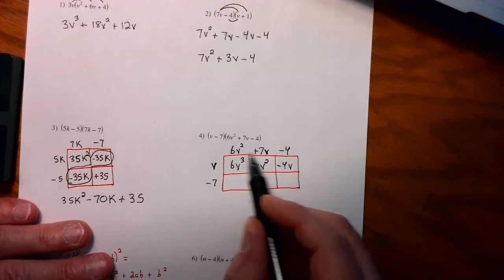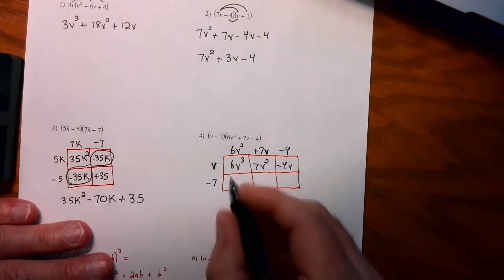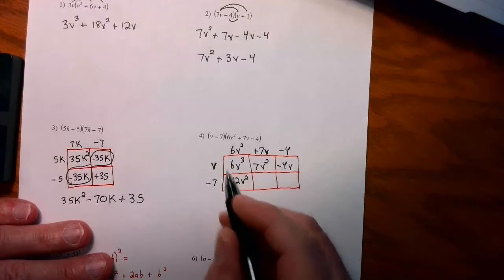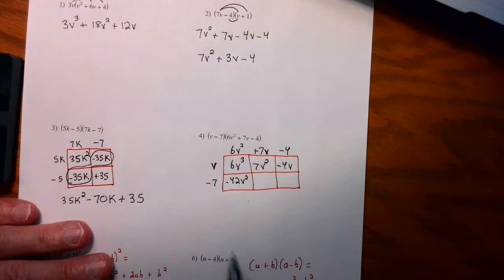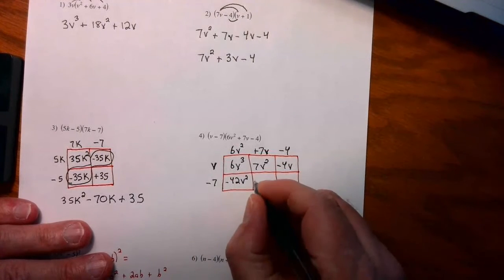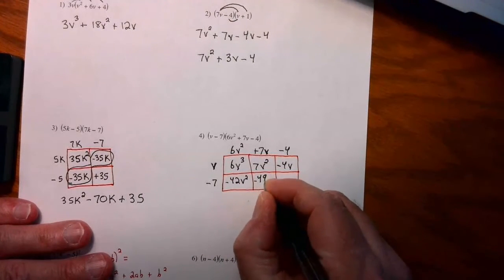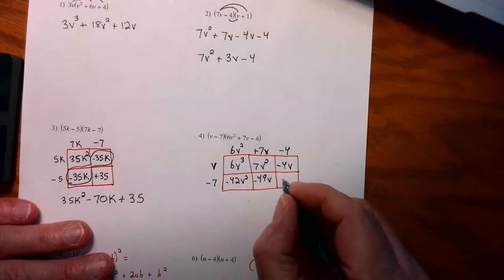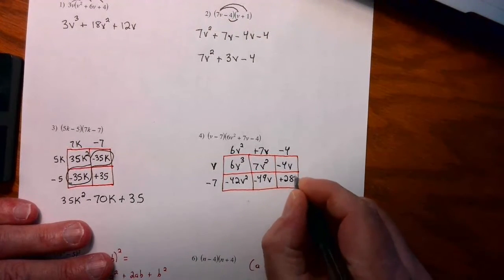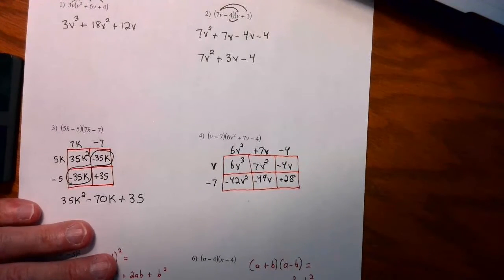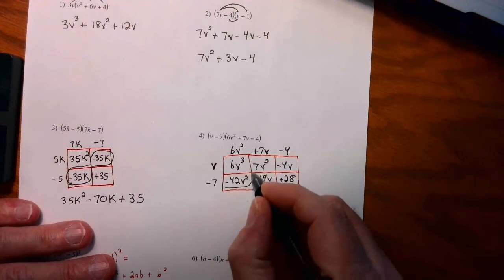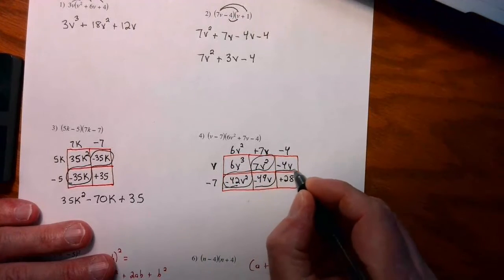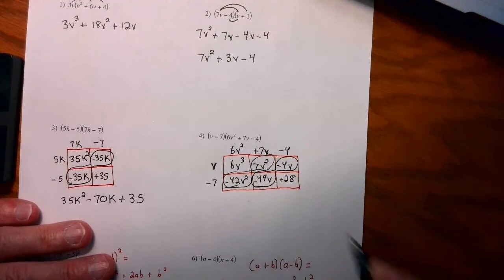All right, this one, each of these times negative 7. So this is negative 42v squared, 6 times negative 7. Negative 7 times positive 7 is negative 49v. Negative 7 times negative 4 is positive 28. All right? You have like terms right here and right here. You can combine them together.